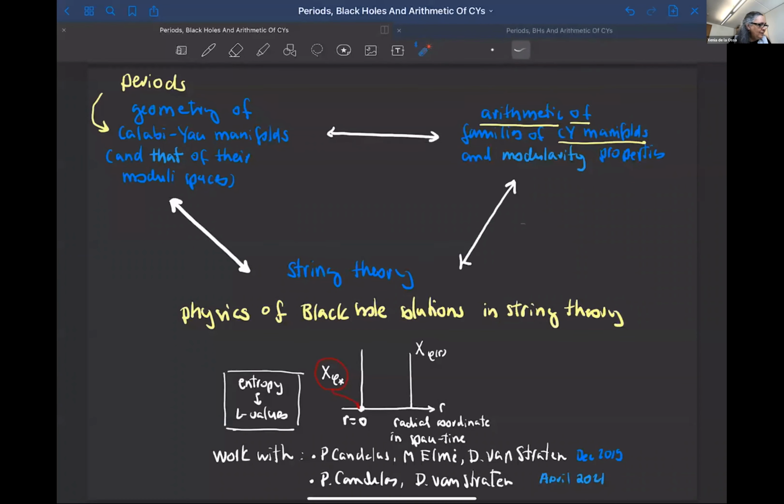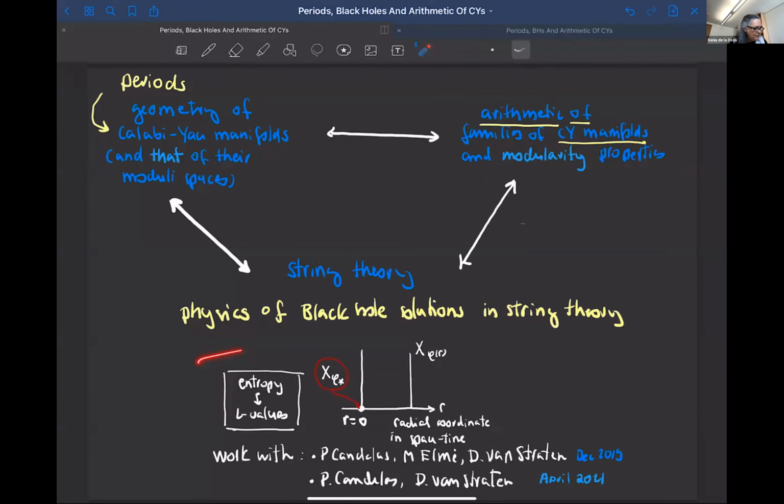As we will see, there is a close relationship between these two corners. The first talk will be mainly about this first part here. Then in the second talk, Philip will relate this to string theory, in particular to the physics of black hole solutions in type 2 string theory.